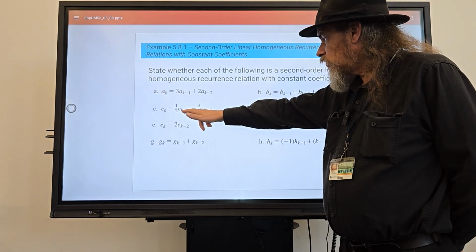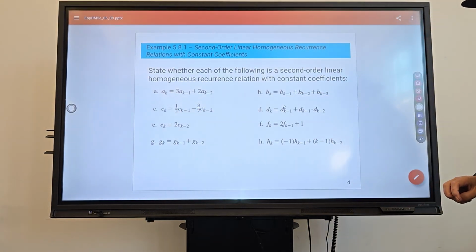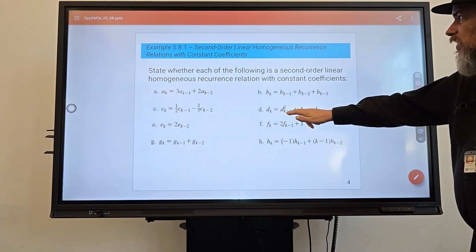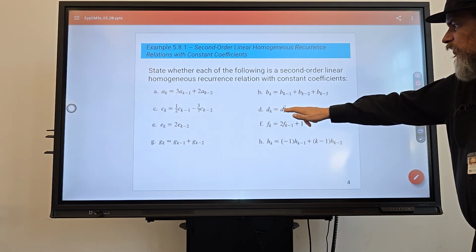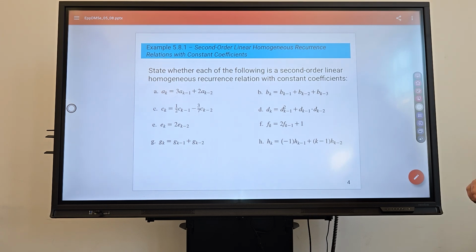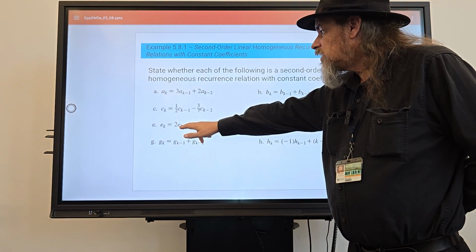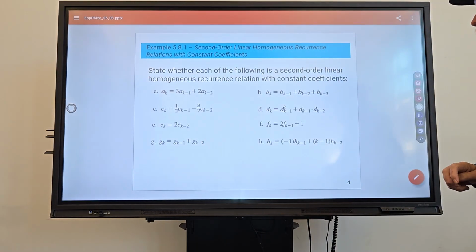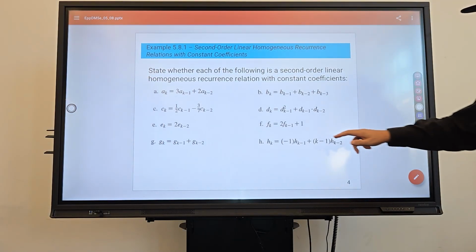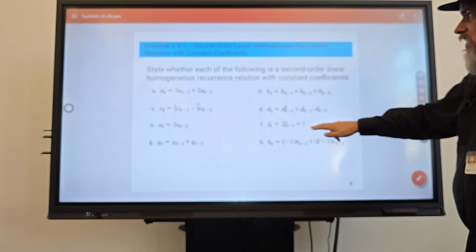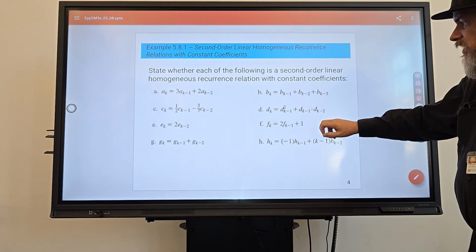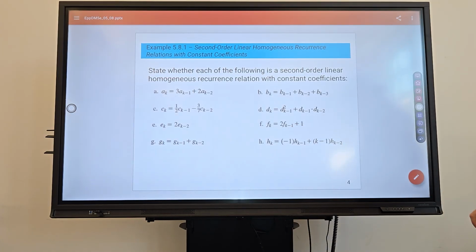This one works out as well. This is not a linear homogeneous recurrence because it's d squared. And this one, it works because b is not 0, even though a is. This is not a second order linear relation because it doesn't have the f sub k minus 2 in it.